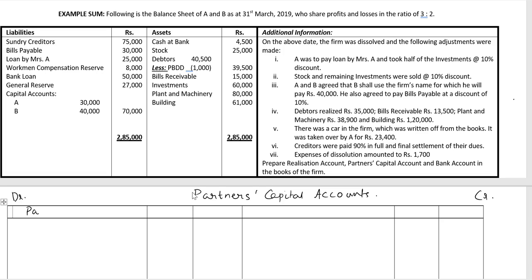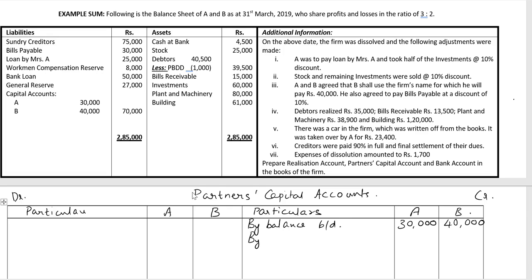We have particulars, column for partner A, column for partner B, and again on the credit side particulars, a column for partner A and a column for partner B. We'll bring down the balance of capitals of A and B by balance brought down, 30,000 against partner A and 40,000 against partner B.